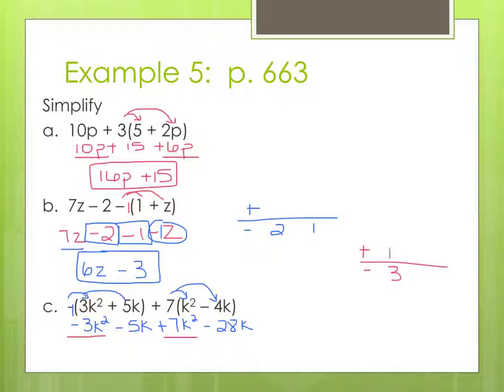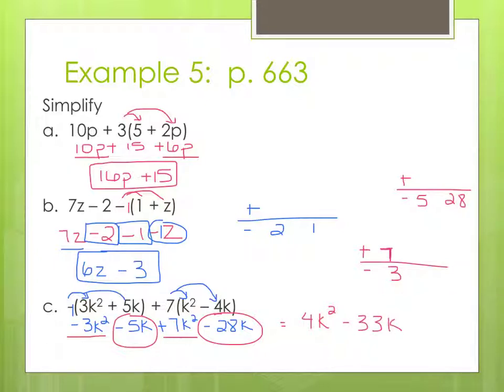Negative 3, positive 7. So I have 3 pairs that would cancel. I'm left with positive 4k squared. Negative 5k minus 28. They're both negatives. Nothing cancels. That gives me a total of 33k negatives.